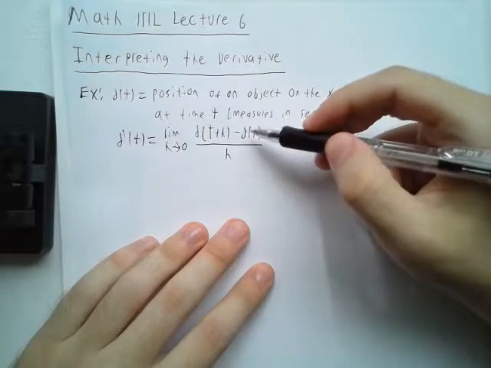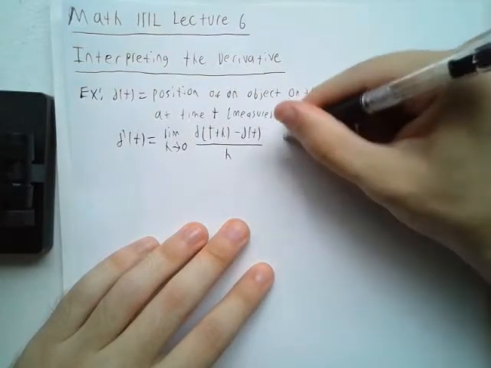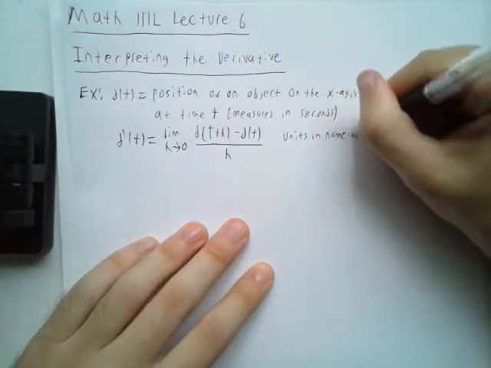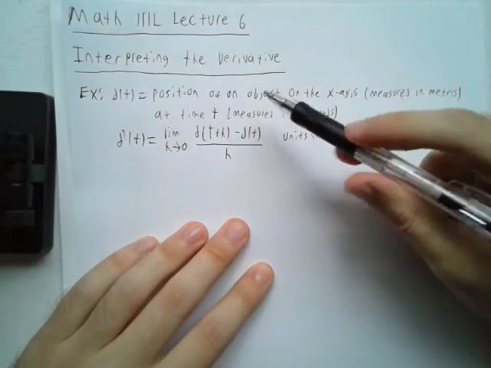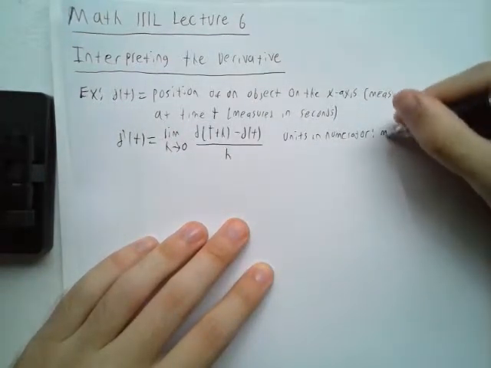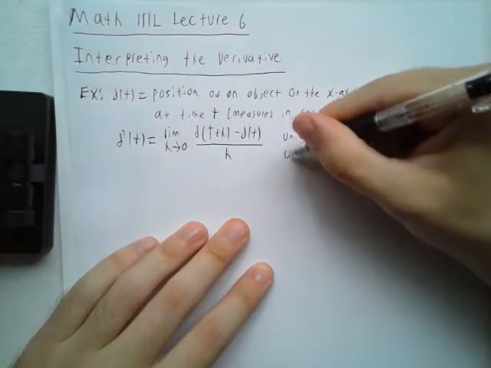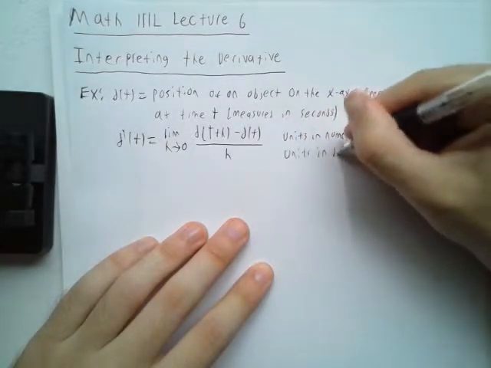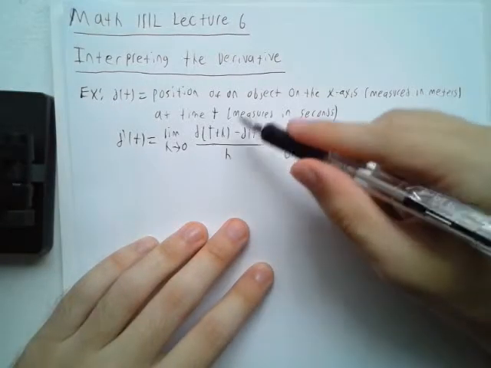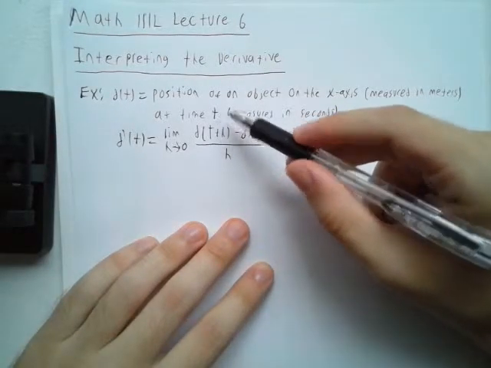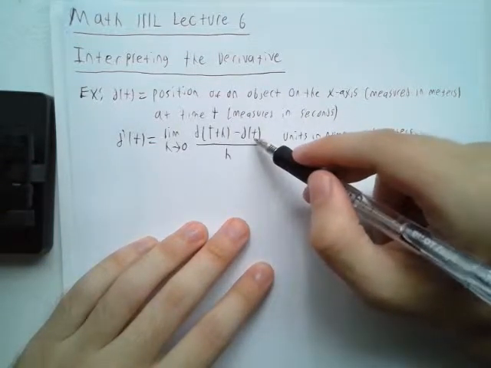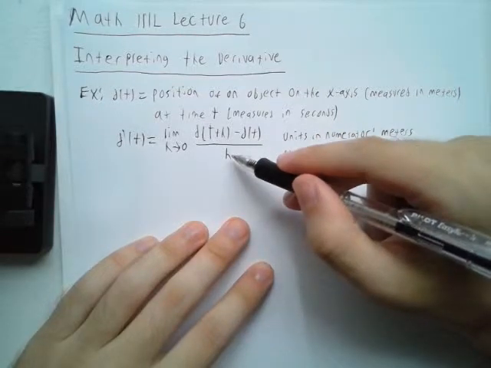So the units in the numerator are the same as the units of d, which are meters, and the units in the denominator are the same as the units of t, because remember that where this h comes from was really t plus h minus t, so a difference of 2 times, which gives us h. So the units here are seconds.